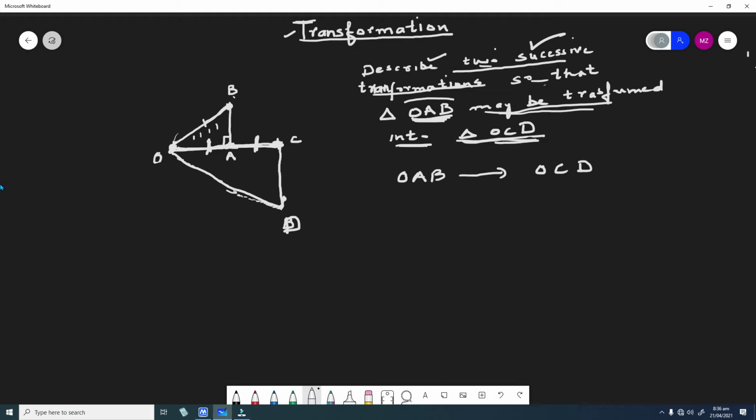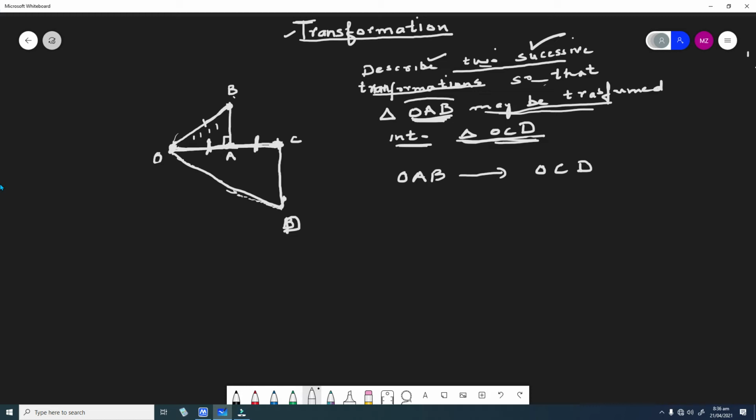So it looks like there is an enlargement, and O is the center of enlargement, and from here we can estimate that the scale factor will certainly be 2 if we take O as the center of enlargement.